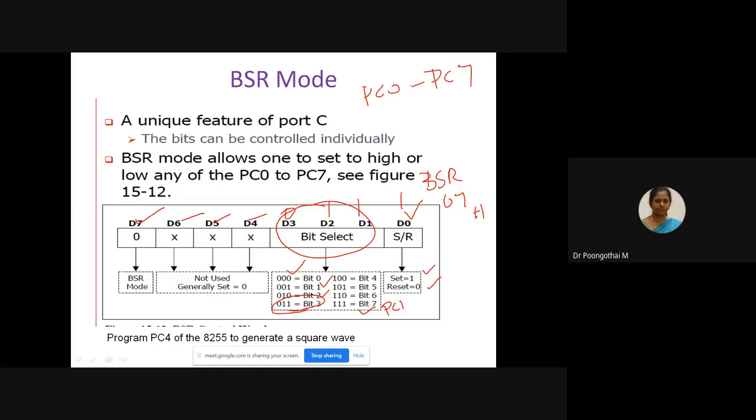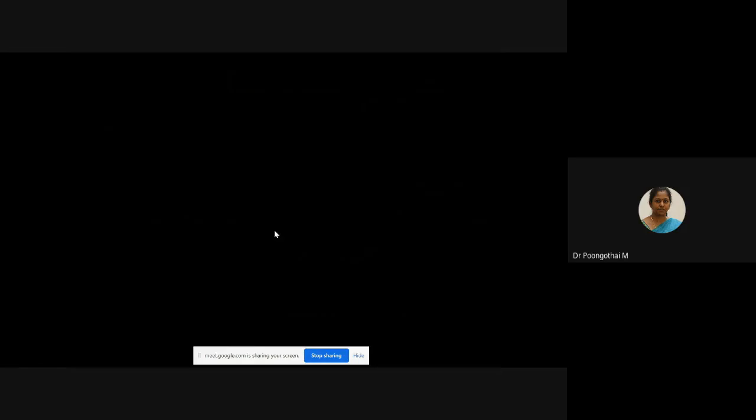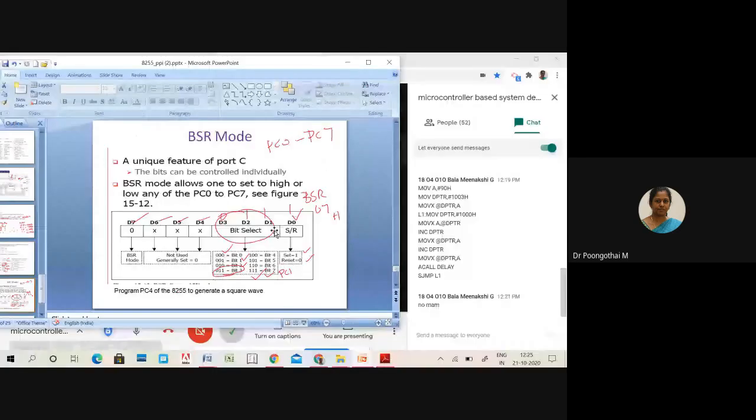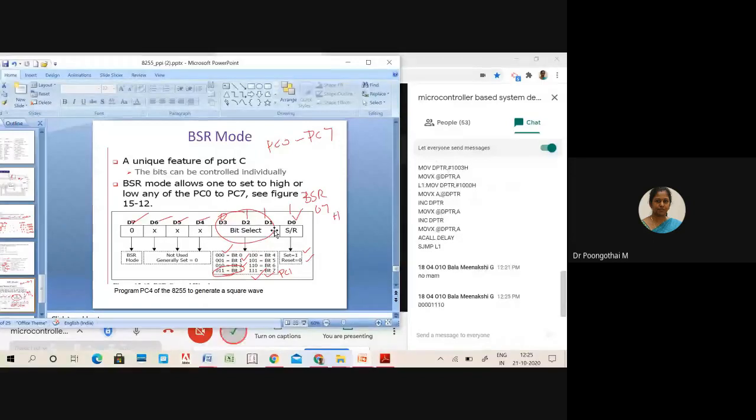Now I am going to select PC7. What is the control word of BSR? 0, 0, 0, 0, then the selection bits are all ones, then 0.